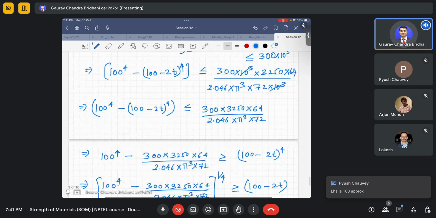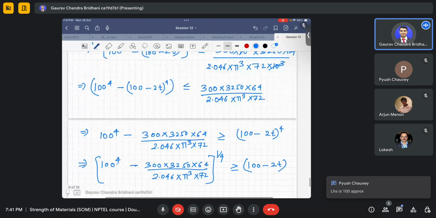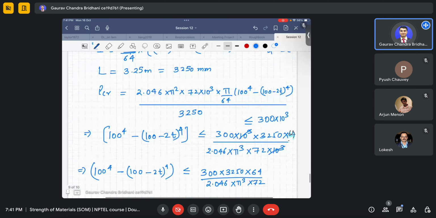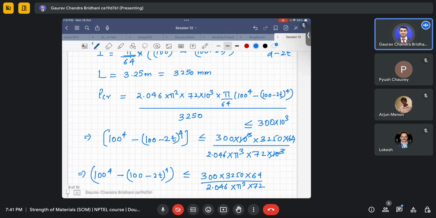Yeah, that's correct. LHS is approximately 100. That I am also getting. I am checking whether we have made any mistake somewhere.